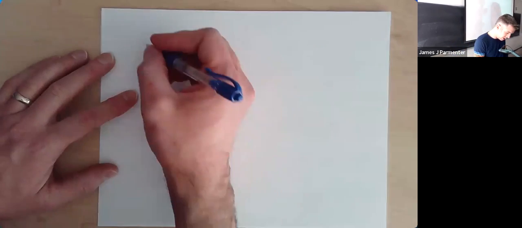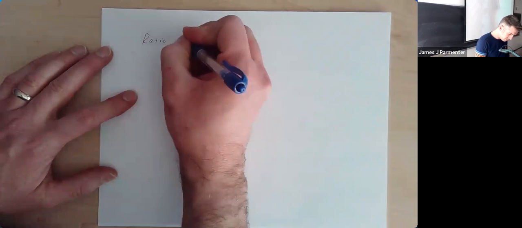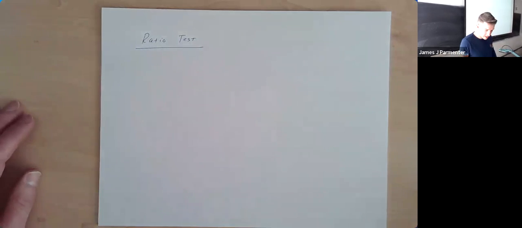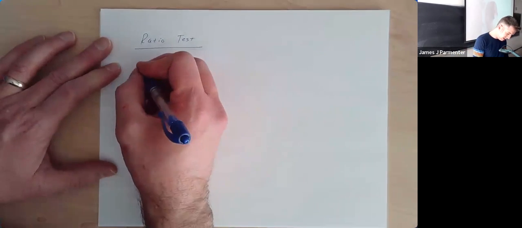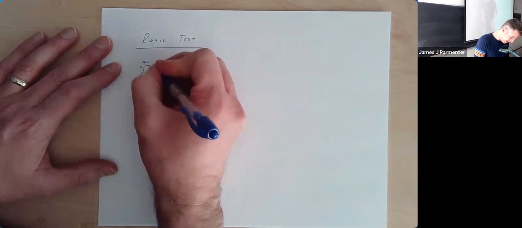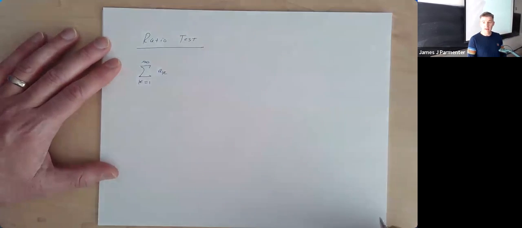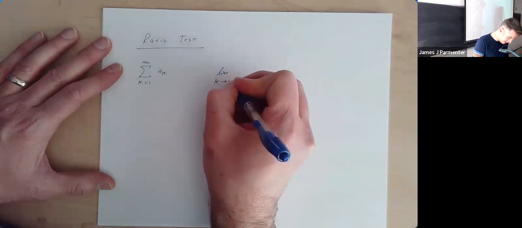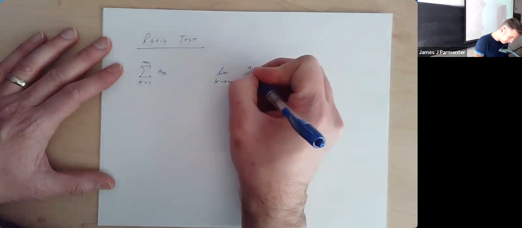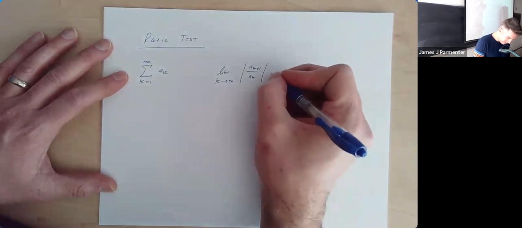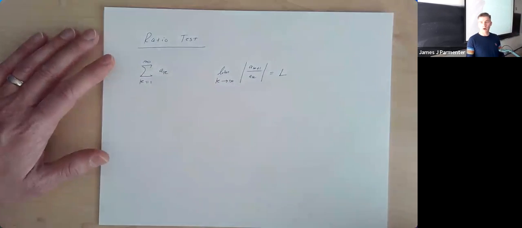But maybe on Monday we'll talk about the ratio test. The ratio test very simply says that if you have some series, the sum from k equals 1 to infinity of a sub k, and we look at the limit as k goes to infinity of the absolute value of a sub k plus 1 over a sub k, and if that limit exists, one of three things can happen.